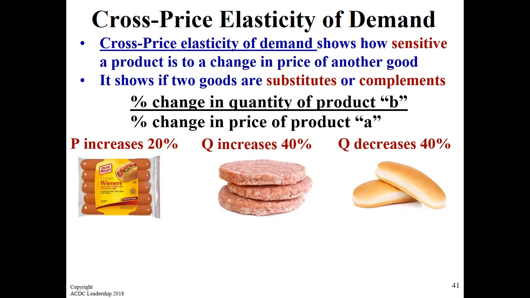What does that mean? It's negative again, so it's a complement. And we know that, right? If people are buying fewer hot dogs, then they're going to demand fewer hot dog buns.